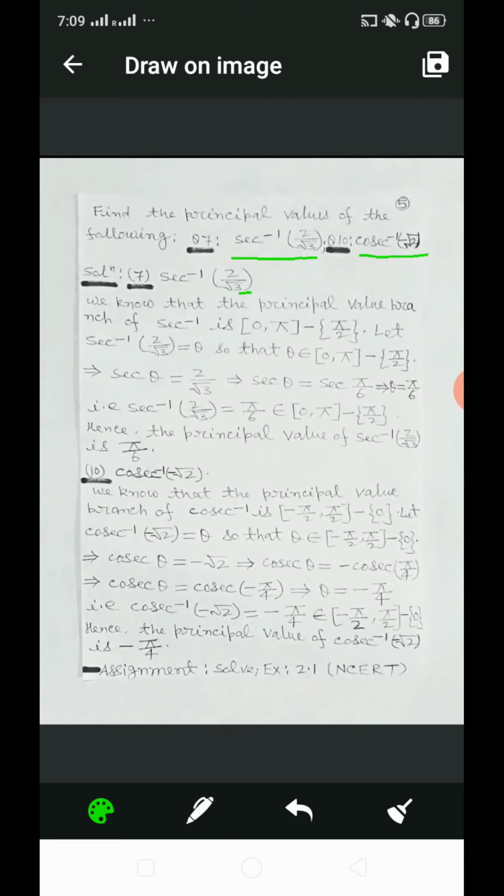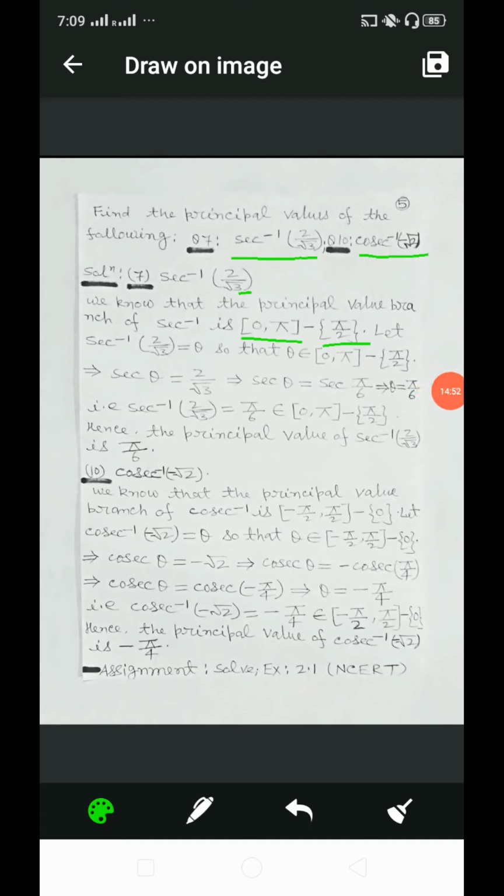Dear students, we know that the principal value branch of sec inverse is the closed interval 0 to pi minus pi by 2. Now suppose that sec inverse 2 by root 3 is equal to theta, so that theta belongs to the closed interval 0 to pi minus pi by 2.